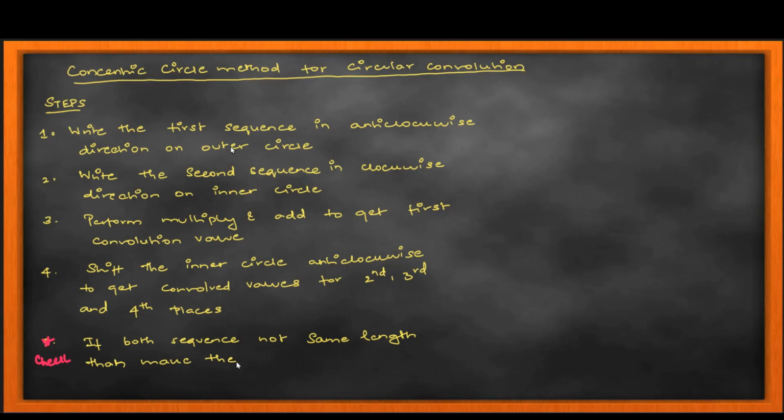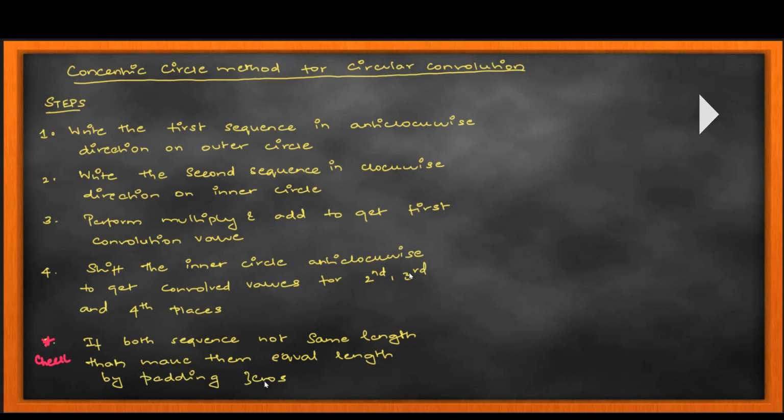You can choose either of the two sequences to be the outer or the inner sequence because they are both the same length. It doesn't matter, you'll end up getting the same answer. Then you do the multiplication and addition, and you get the first value. Then you shift the inner circle in an anti-clockwise manner to get the convolution for your second, third and fourth places.